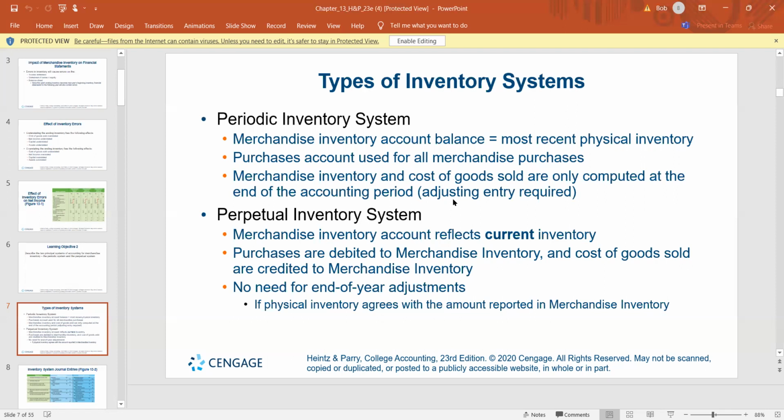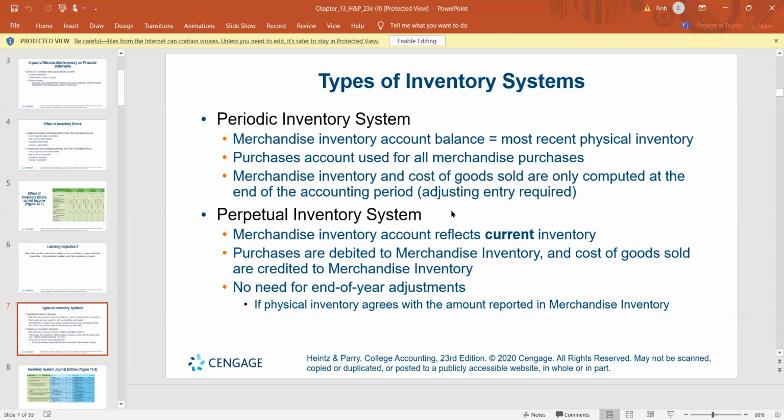The perpetual system is set up so you know exactly what you have in your inventory at every single point in time, and you also know what your cost of goods sold is up until that same point in time.